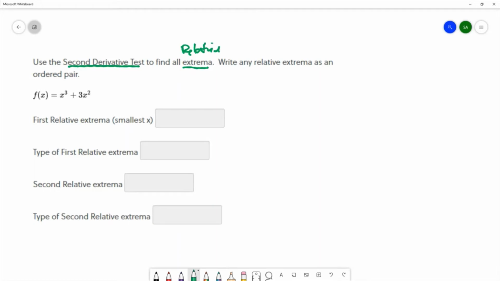And the way that we look for the relative extrema with the second derivative test is that we're going to calculate the derivative. That's 3x squared plus 6x. We're going to find the critical numbers from the first derivative by setting the derivative equal to 0.